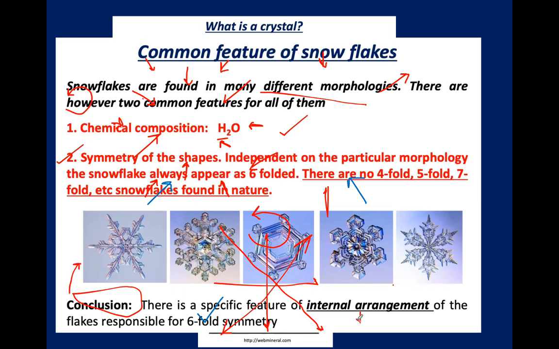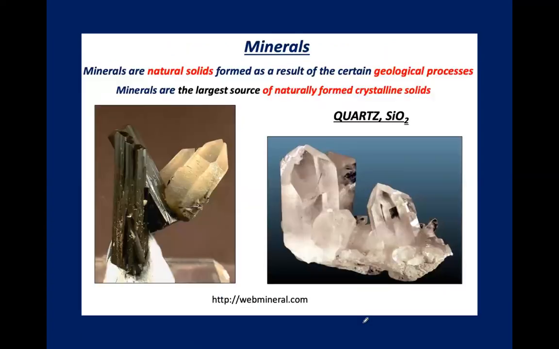Actually, the symmetry you see here is an external feature, superficial, something related with the shape, but it's a result of an internal arrangement of atoms. So this we will consider in detail in the coming slides and coming lectures. So it is very important, the internal arrangement.